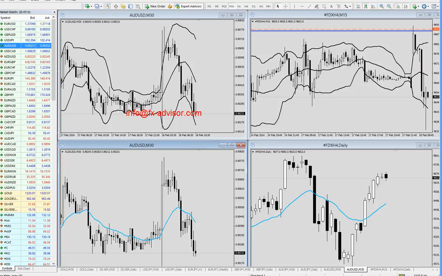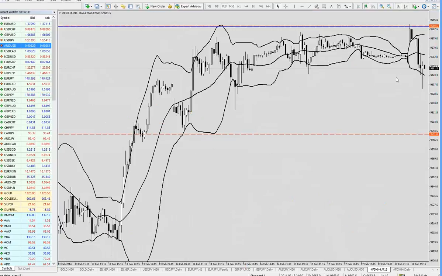Okay, let's try to go through again. Let's start with DAX. So most probably right now we are going towards 9,590, more or less. Most probably the full figure 9,600 at the psychological level as well. So we have some support zone here.